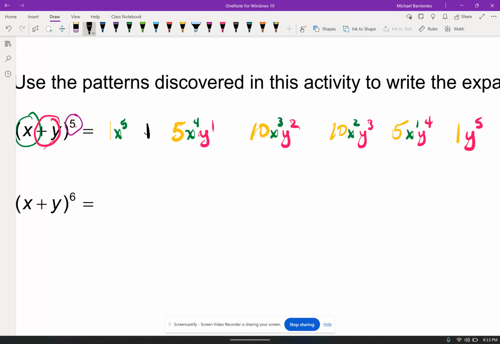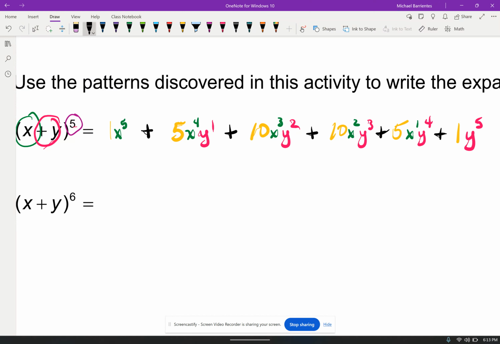And if you connect these terms with addition, you just found the answer that you would get if you multiplied x plus y times x plus y times x plus y times x plus y times x plus y 5 times. This is what the binomial theorem allows us to do.